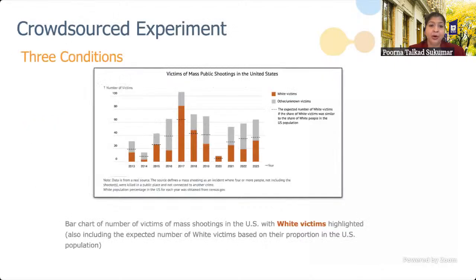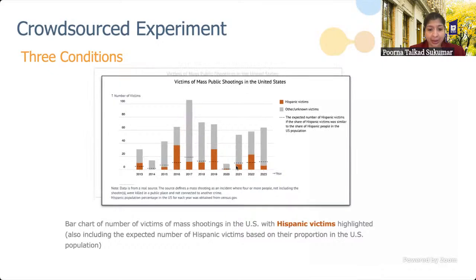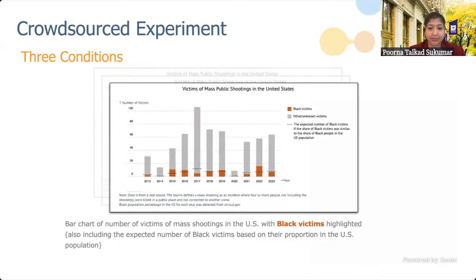And to explore homophily in visualizations, we conducted a pre-registered crowdsourced experiment. We designed 3 conditions, each condition consisting of a bar chart, as you can see here, showing the victim counts, or the number of victims in mass shootings in the United States between 2013 to 2023. And we also highlight the number of white victims, Hispanic victims, as well as Black victims, respectively, in the 3 conditions.